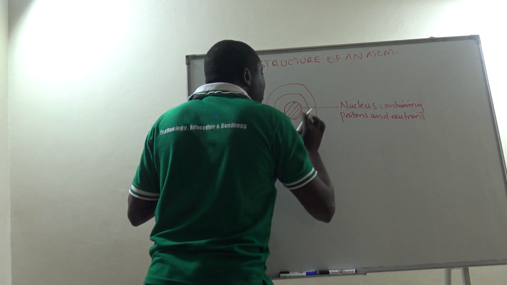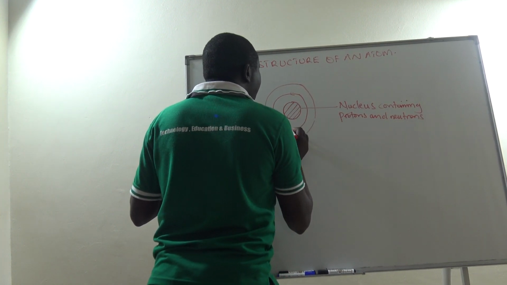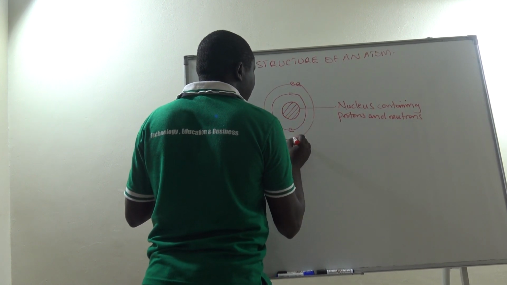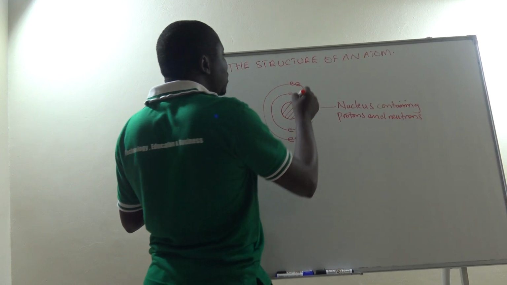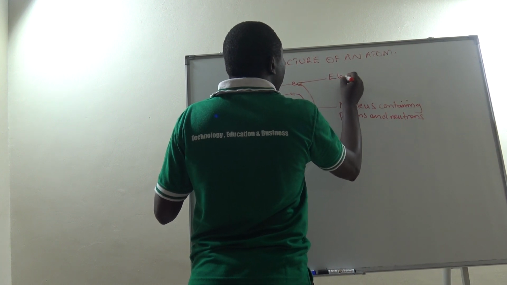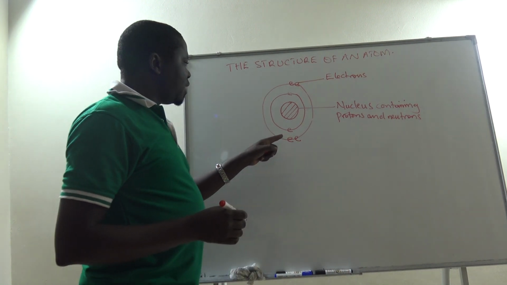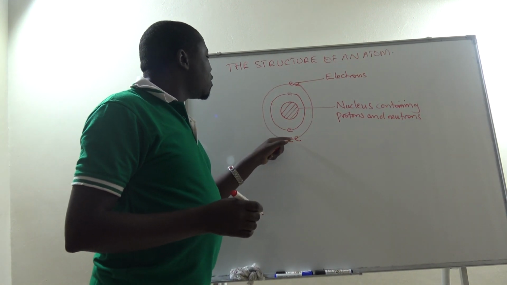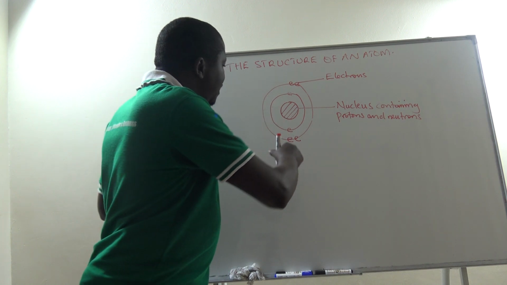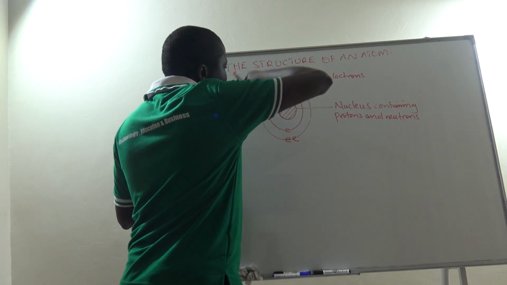Now, outside the nucleus, we also have some particles. And those particles, we are going to represent them by letter E. So, these particles are called electrons. And these particles, as you can see, these circles here, or the concentric lines we have drawn here, stand for the paths which these particles take when they are moving right round the nucleus.